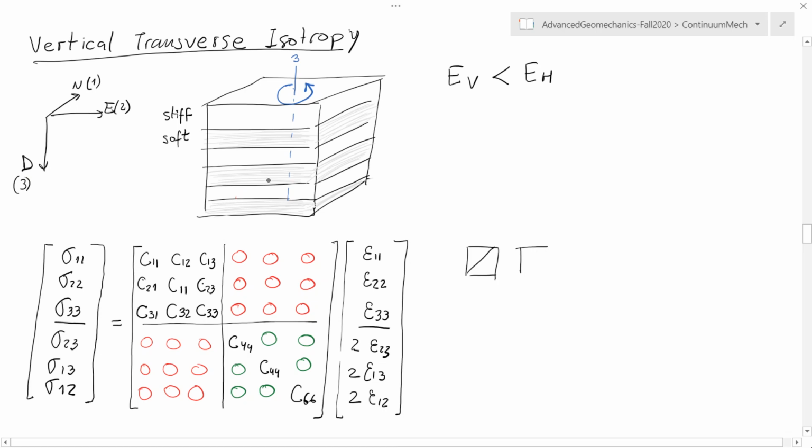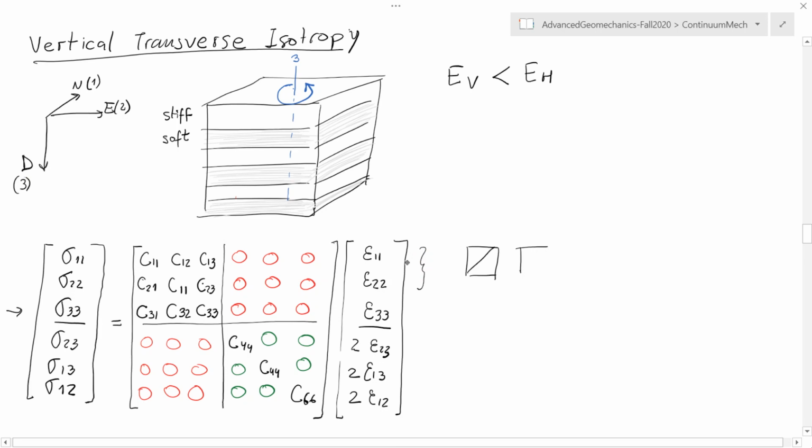And what that means is that, for example, if I take this particular case, sigma 33, if I were to again apply a stress in direction 3, because of the Poisson effect, the expansions in direction 1 and 2 should be the same.